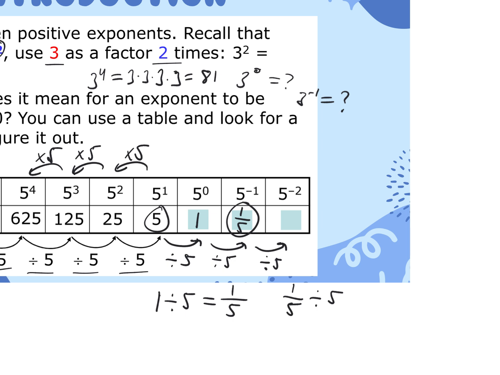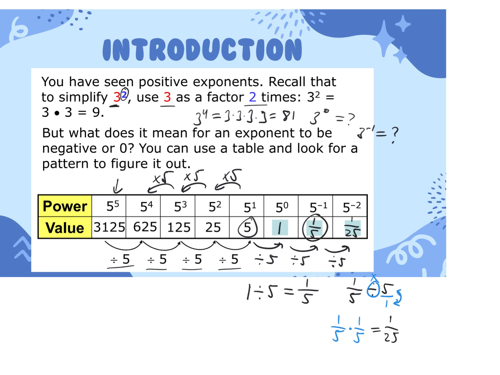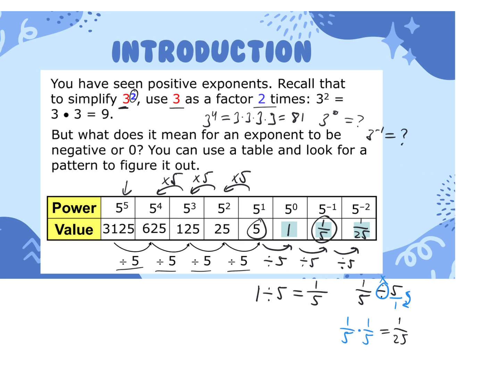So keep in mind, this division is going to become a multiplication, and 5 is the same as 5 over 1, so we can just flip it, and then we get 1 over 5 times 1 over 5, and then multiplying straight across, we get 1 over 5 times 5 is 25. 1 over 25.